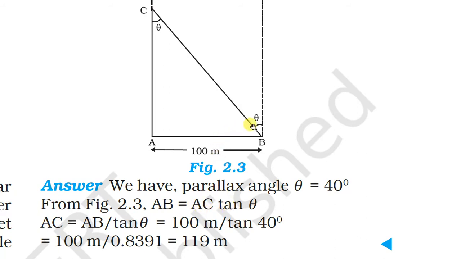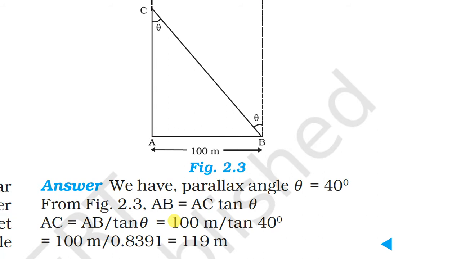Tan theta is equal to the opposite side upon the nearest side, which is AB upon AC. So this gives us tan theta.